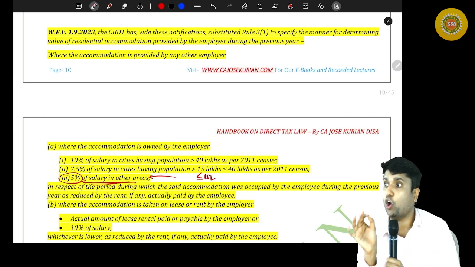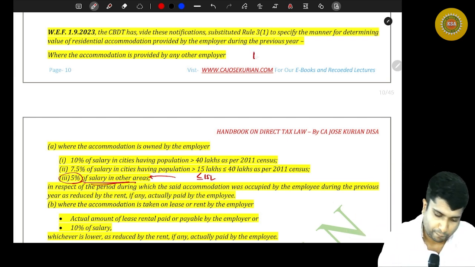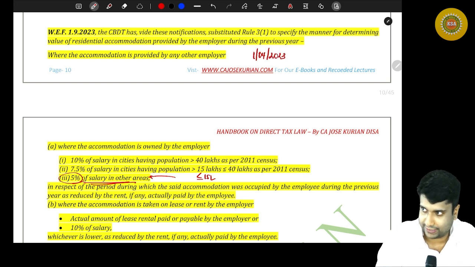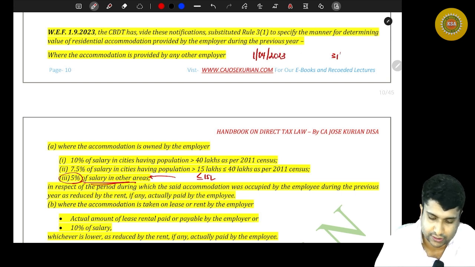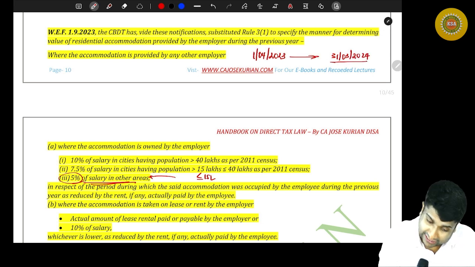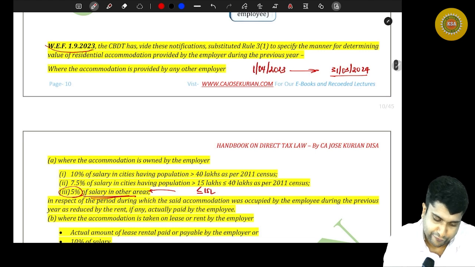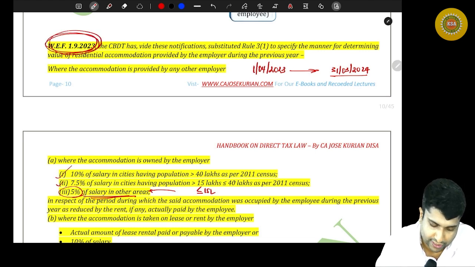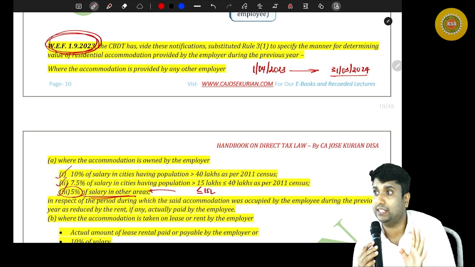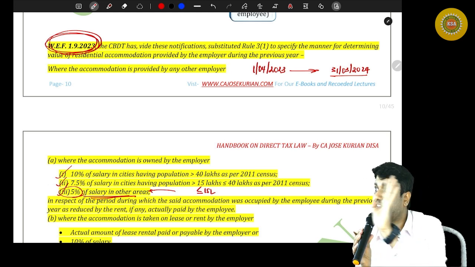But the problem is, your PY starts from 1st April 2023 and ends on 31st March 2024. Yes or no? In this period, only with effect from 1st September 2023 is this new rule effective.